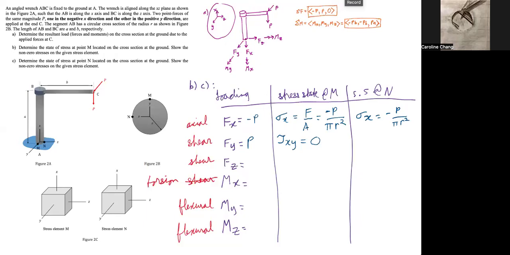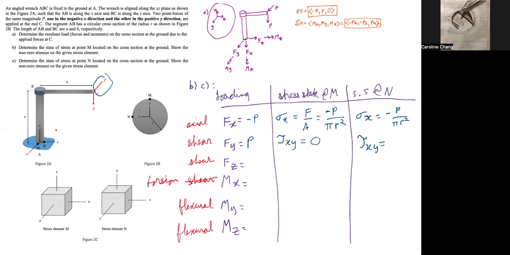And for the stress element at N, the shear stress on the x face in the y direction is given by the maximum shear stress equation for a circular cross-section. That is because, as we see over here, F of y is the P direction and is being applied across the MN face.